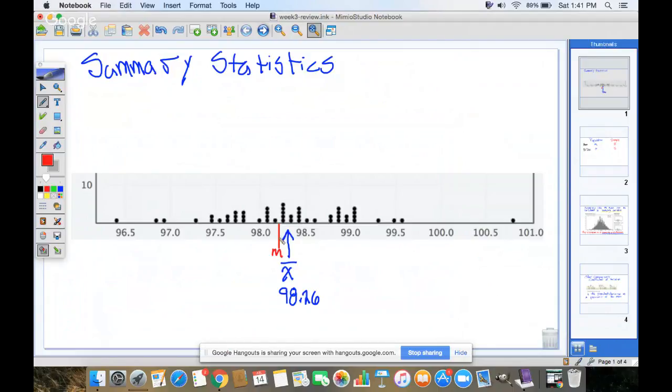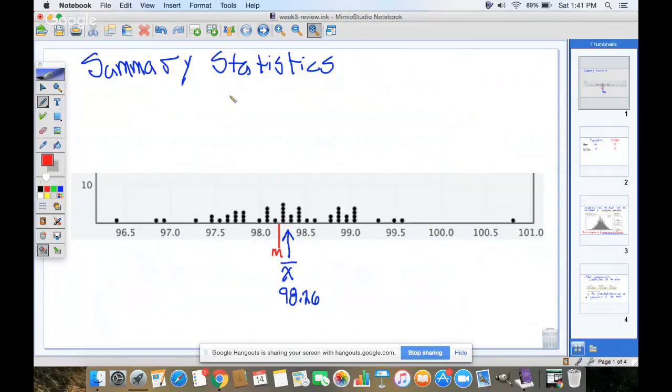Median is not affected by outliers, so it wouldn't matter whether this highest number was 101, 103, 100, or 99.9. Any maximum in this region right here is going to affect the mean, but not the median, because the median is just the middle number. It doesn't matter how far the min and the max are from that. But it does matter for the mean because of the way it's calculated.